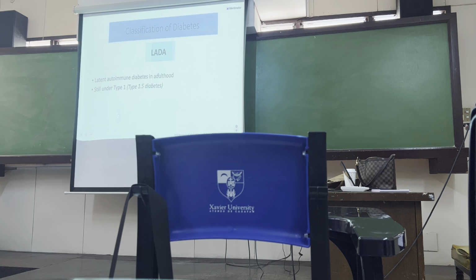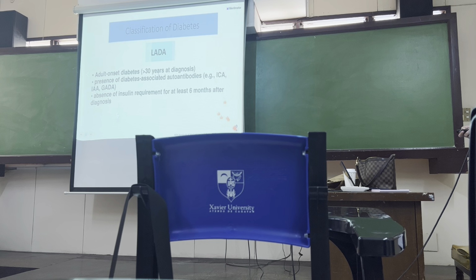The key difference is that in contrast to type 1 DM, most patients are diagnosed during adulthood, at more than 30 years of age. The similarity is that, in contrast to type 2 DM, patients with LADA have the presence of diabetes-associated autoantibodies. And when do we suspect it?